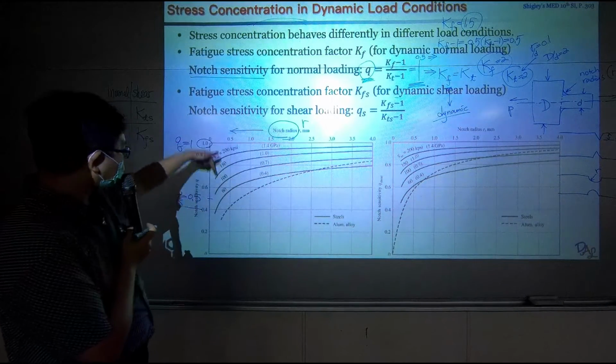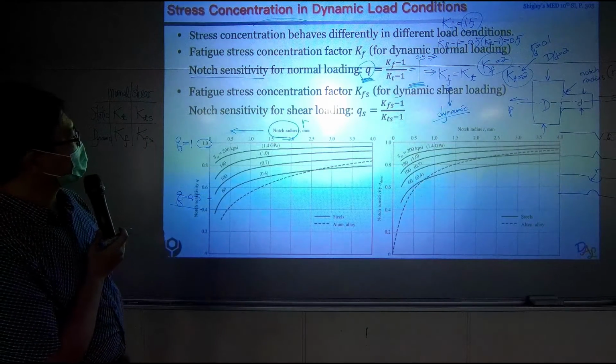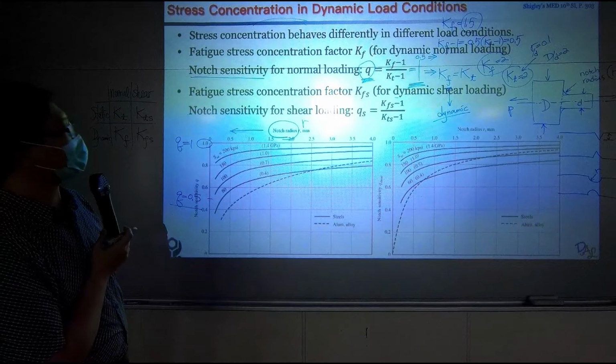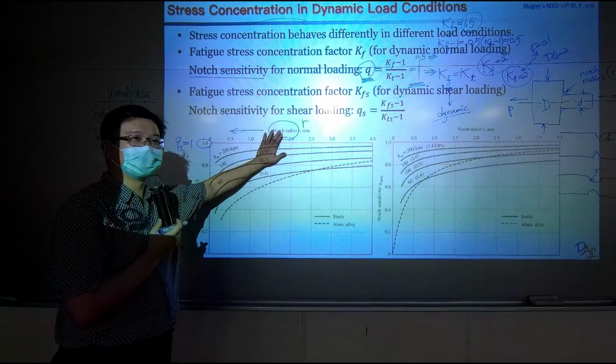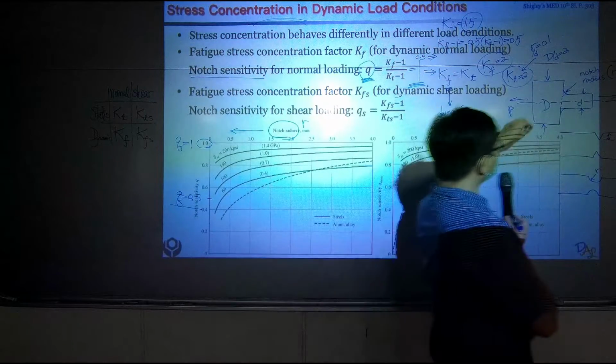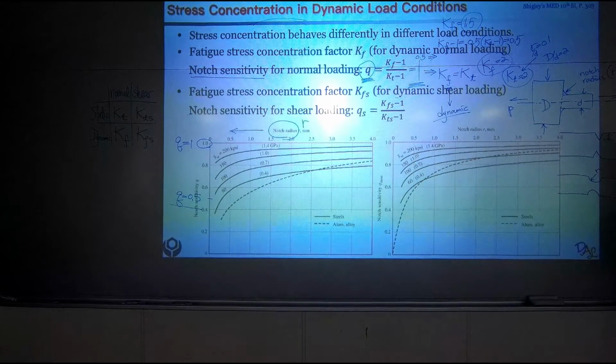Smaller notch, you may have smaller Q. Yeah, sure. Because if there's zero notch, so for example, if I have a cylinder like this, if this is so small and the radius becomes 0, then Q goes to 0.